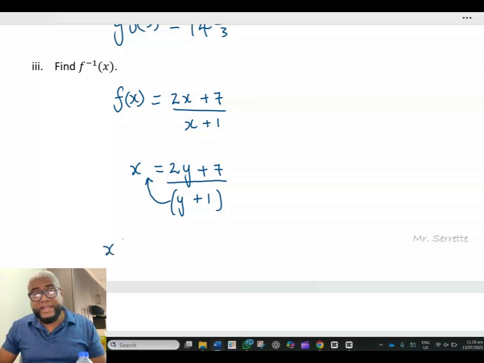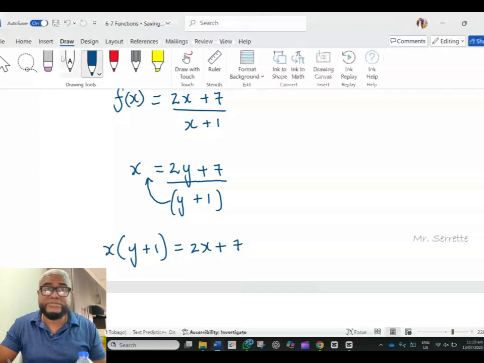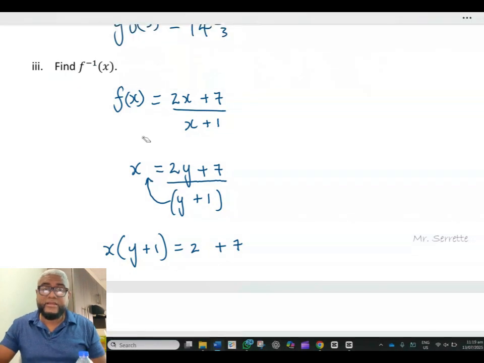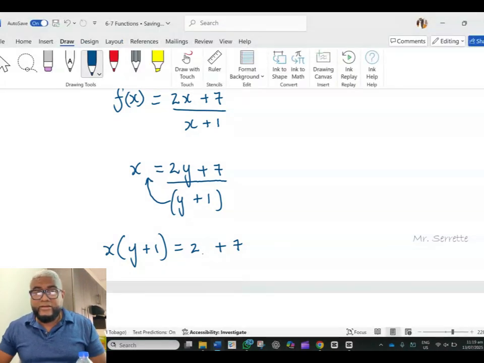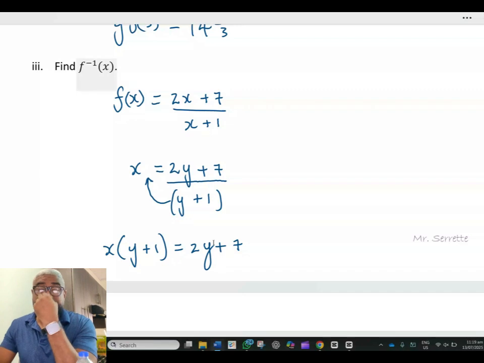Multiply. So x multiplied by y plus 1 is equal to what remains on the right? 2y plus 7. I put 2x. It's supposed to be 2y. Right. Everybody good there? Okay. Now, the next step is you need to get rid of these brackets.